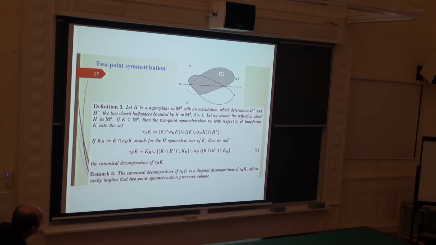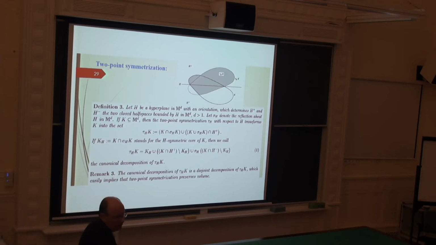This is an H-symmetric set here in the middle. And then we take the union of this set with the intersection of the union of K and its reflection with the upper half space. So the shaded set is the two-point symmetrization of the K that I have here in the diagram.